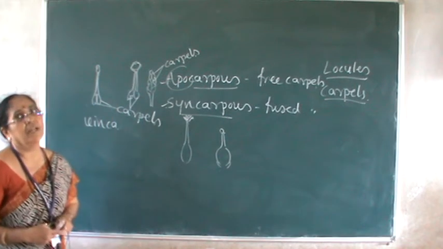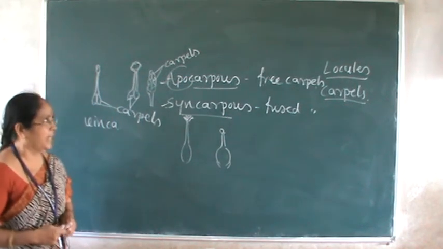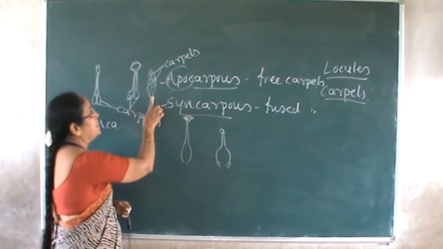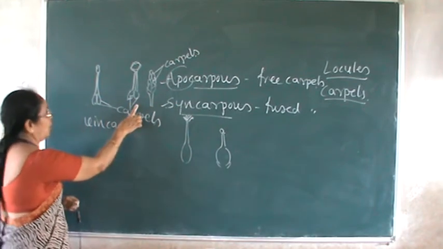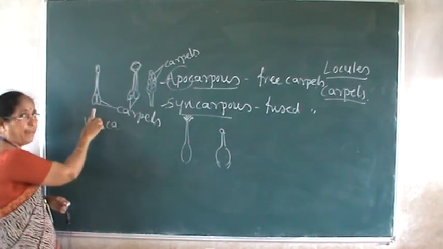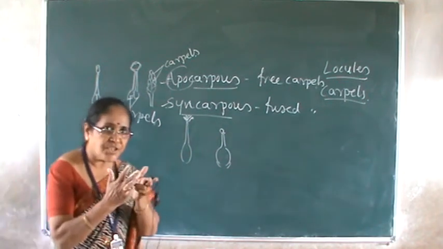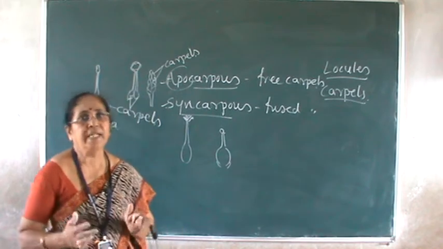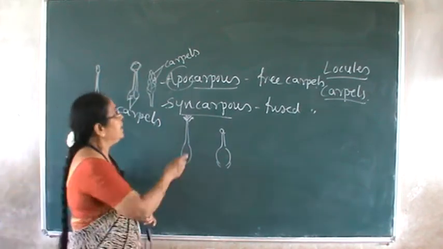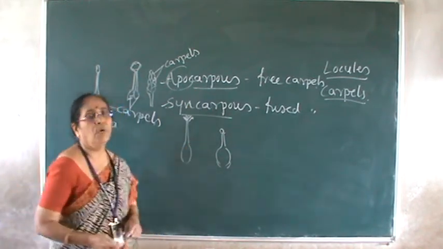Lemon, Hibiscus, lady's finger are all examples of the syncarpous condition. Apocarpous means Michelia champaka, the Calotropis flower, Asclepiadaceae members, Apocynaceae family members, where externally only we can make out that the carpels are free from each other. These are the two words which are used to describe the ovary.